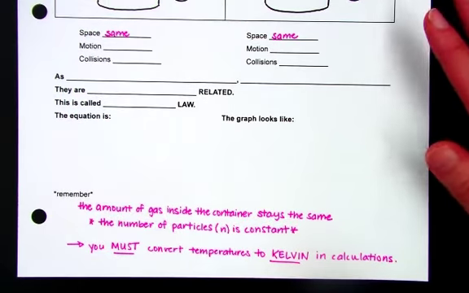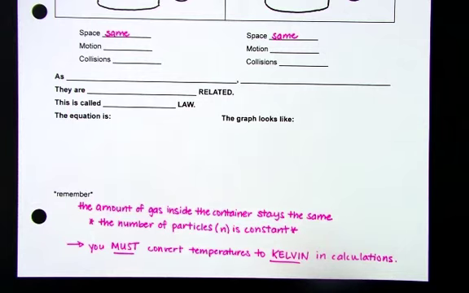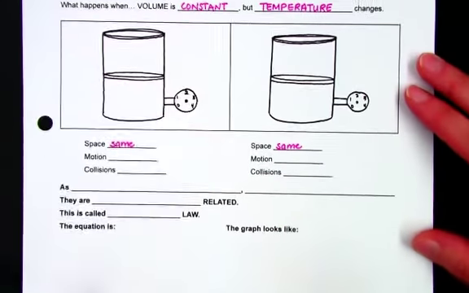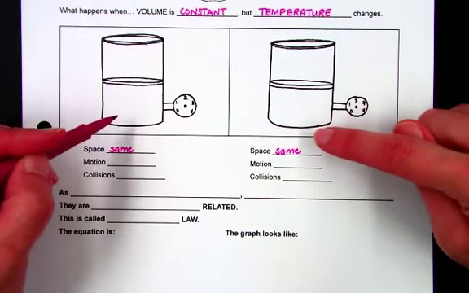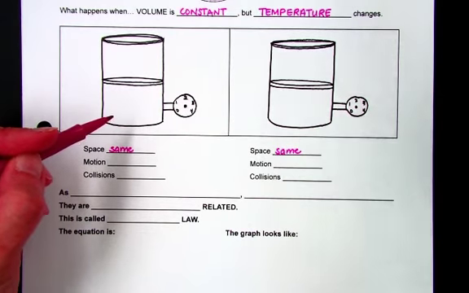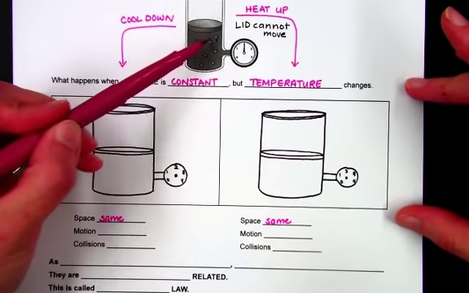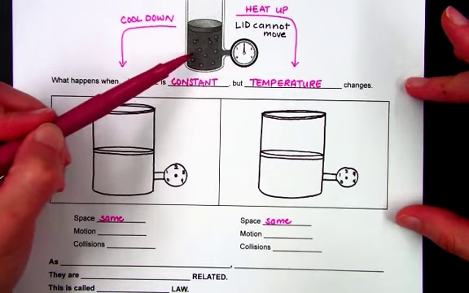Okay. Remember I said you can't have negative numbers when we're doing these gas law calculations. The only scale that doesn't have negative numbers is the Kelvin scale, our absolute temperature scale. Okay. Everyone got this? So if the number of gas particles is constant, do you know how many gas particles I need to draw in each of my models? It has to be the same, and the same as up here. So I can count 1, 2, 3, 4, 5, 6, 7, 8, 9.